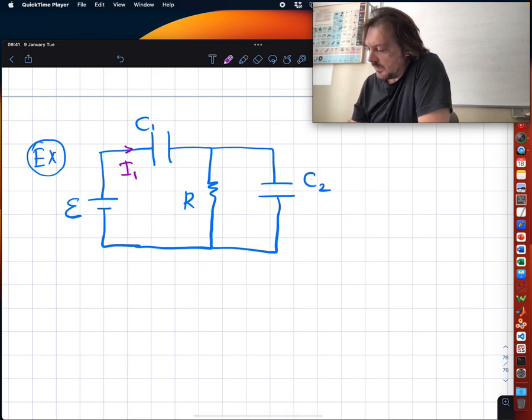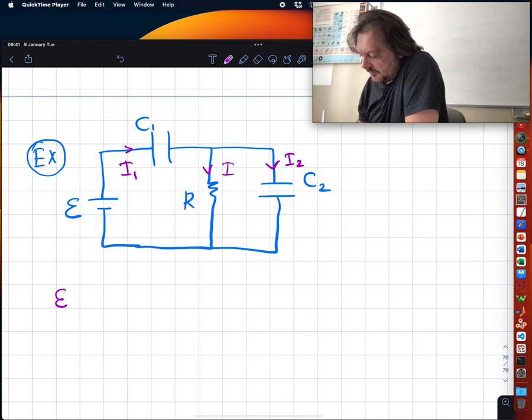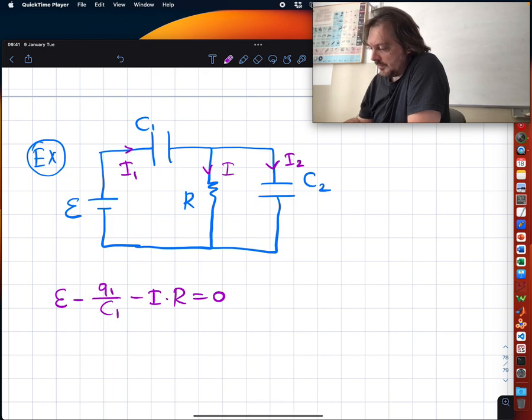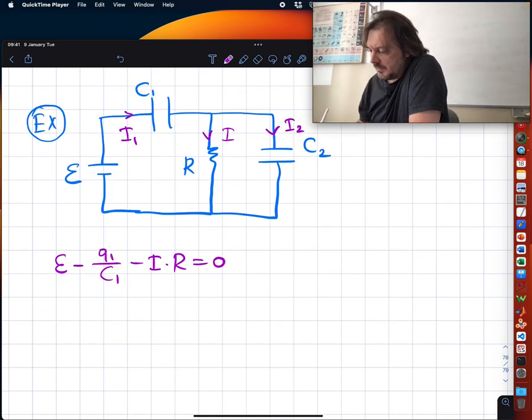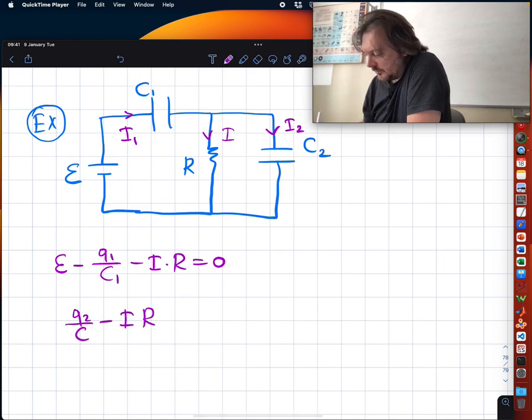Let me call this I1, this one I, and this one I2. So I have E minus Q1 over C1 minus I times R equals 0. So far so good? And on the other one, I have Q2 over C minus I times R equals 0.